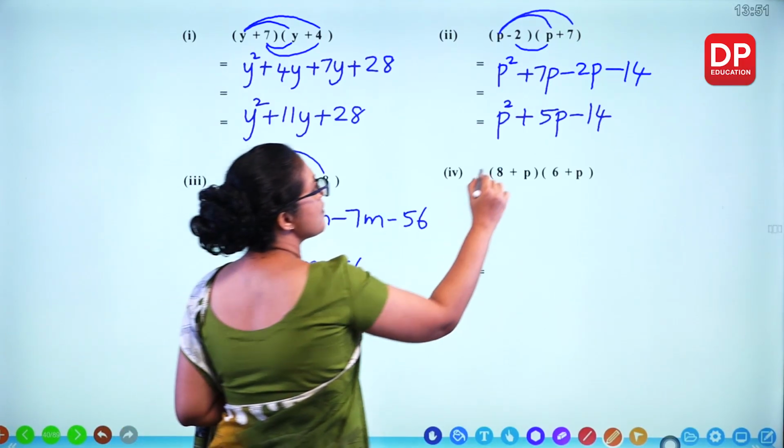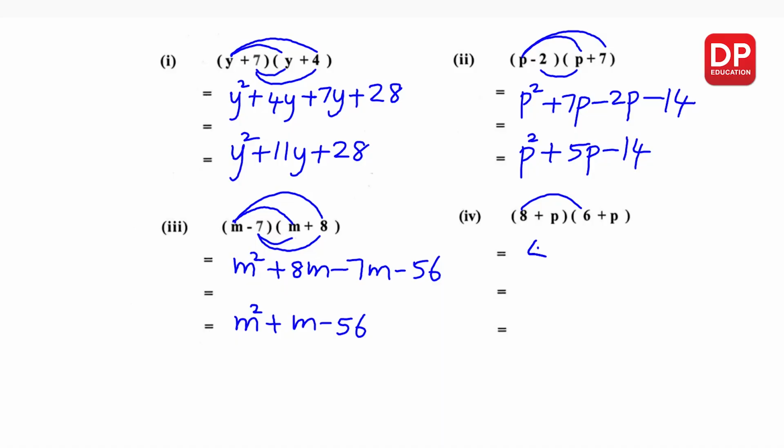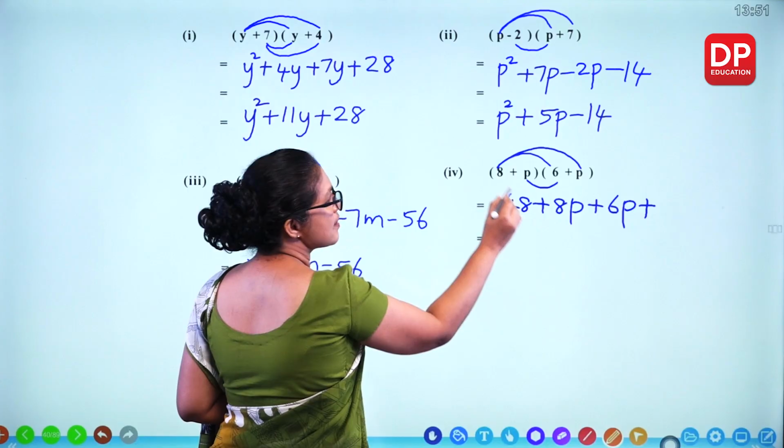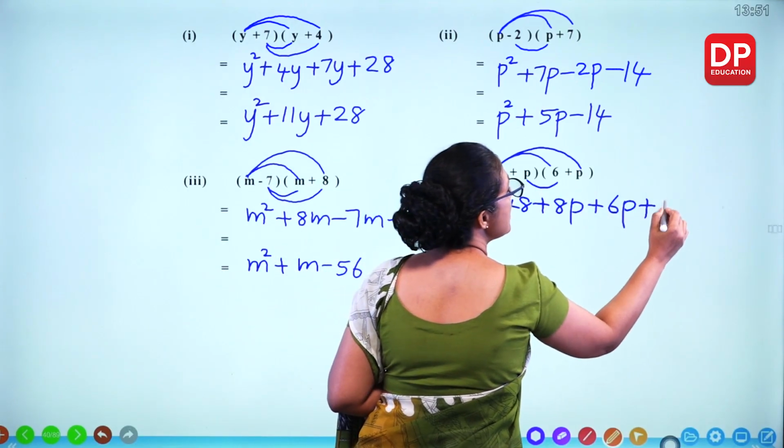This one, first with first, 48. This with this, 8p. Inside, 6p. And outside numbers, last numbers, p squared.